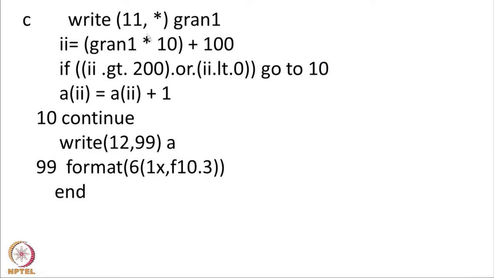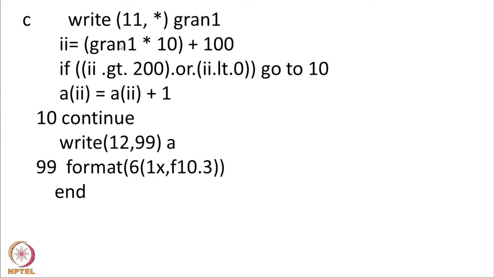So, once I call that Gaussian random number, now again I want to put that random number in some array, because we know that this Gaussian random number is going to be anywhere from some large negative value to large positive value. So, I want to put them in an array. So, when I put them in an array, so gran into 10, suppose that Gaussian random number is 0.5.